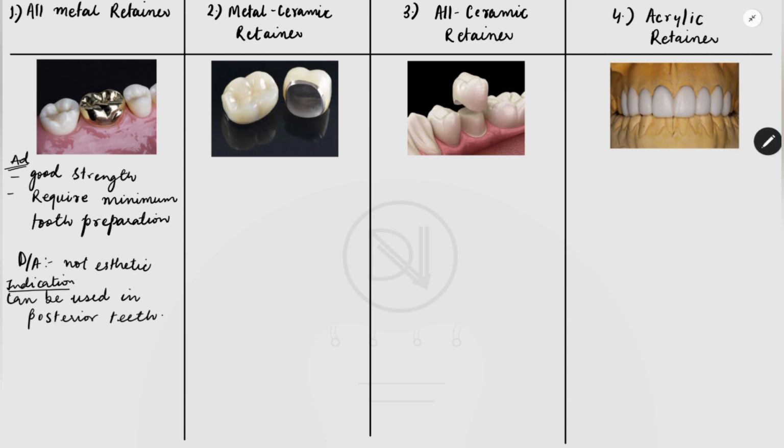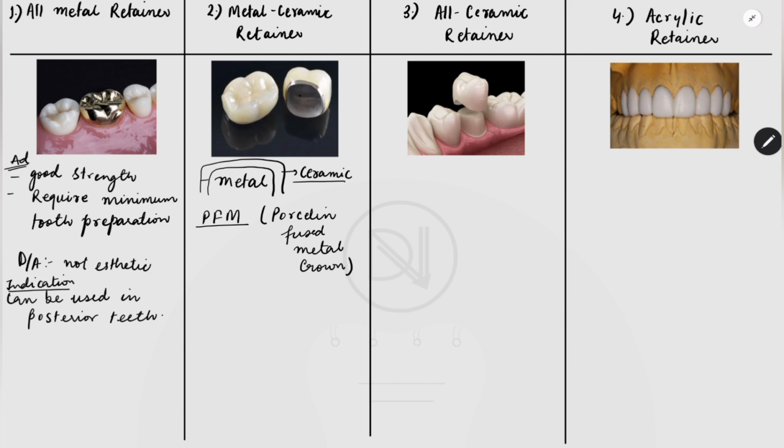Now coming to the metal ceramic retainer, here the lower portion is made up of metal, and it is covered by another layer which is called ceramic. So it is also called porcelain fused metal crown, and this is most widely used because it is having the strength of metal and the aesthetics of porcelain.